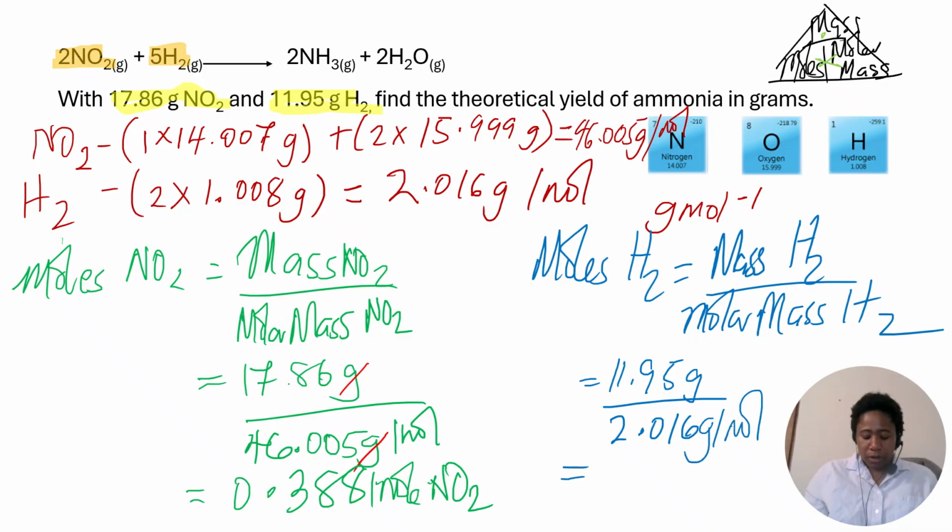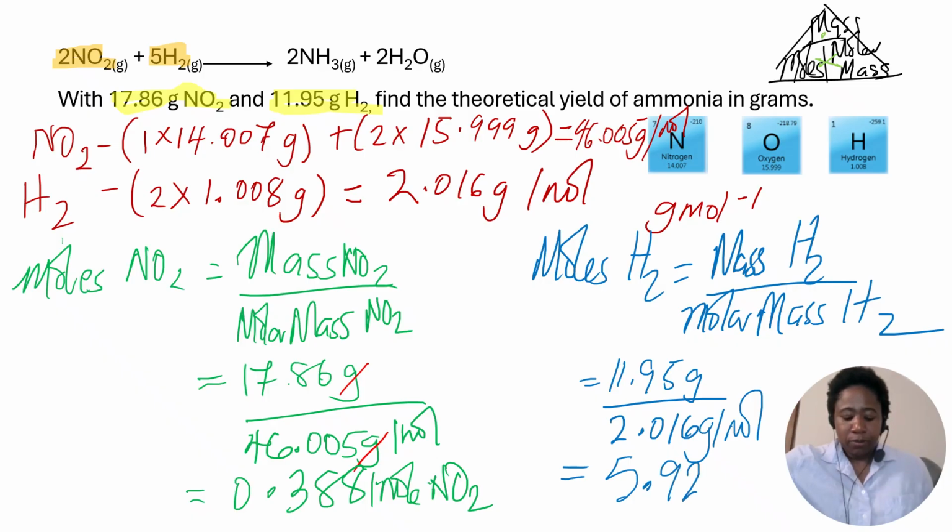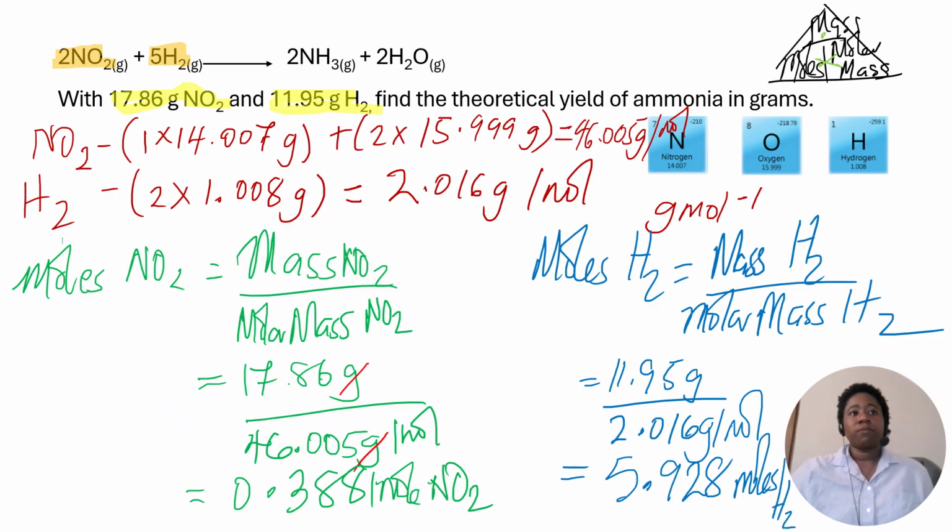So when we do that division, we should have 5.928 moles of H2.